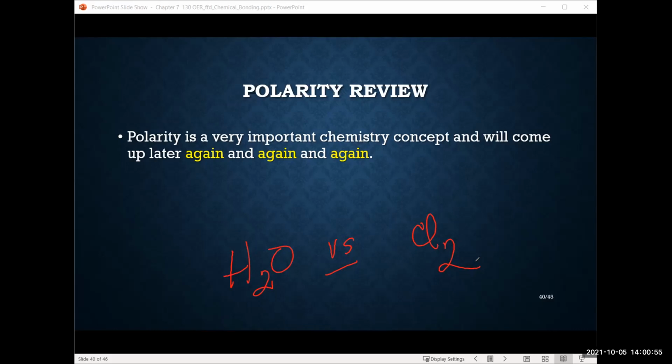Which one would have a higher melting point? Who's more viscous? Which one would be more soluble in water? Obviously, water would be soluble in water, things of that nature. And it's all related to the bonds that these molecules have, and whether it is a polar bond or a non-polar bond, okay?